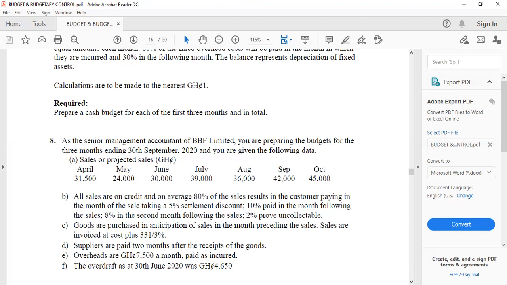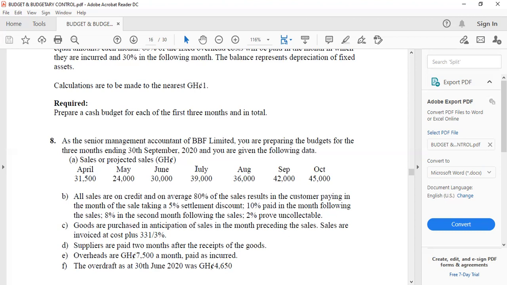That's 80% times 31,500, which is 25,200. If you want to give the discount, would it be given on this or on all the 31,500? It will be given on the 25,200. The discount will be given on 25,200, isn't it?